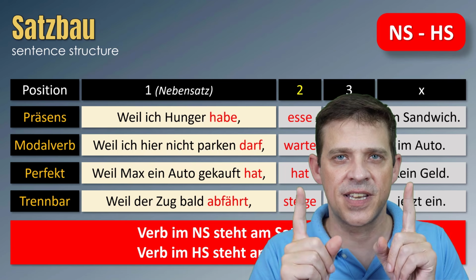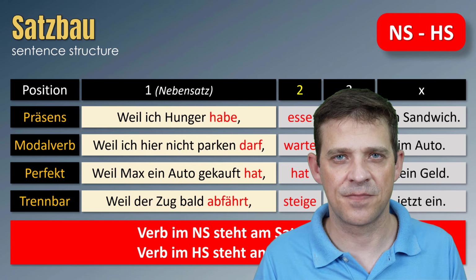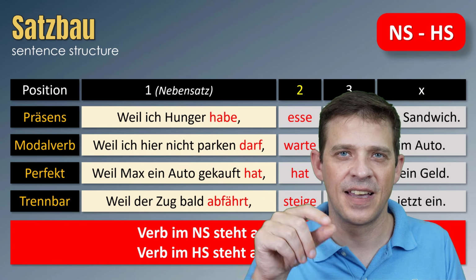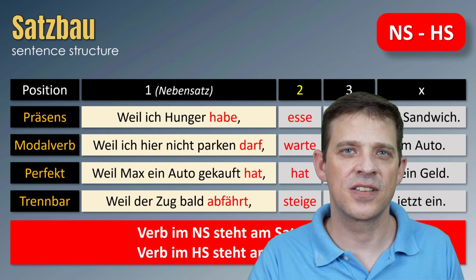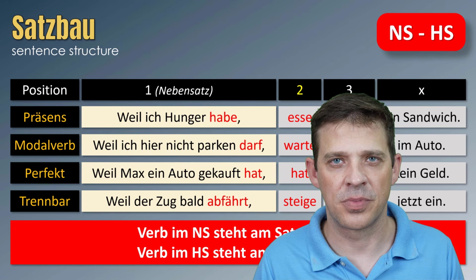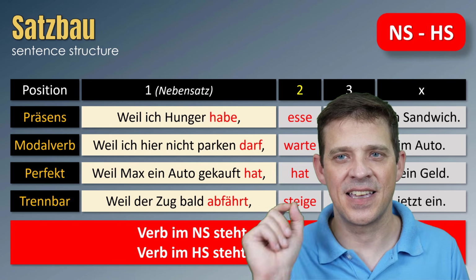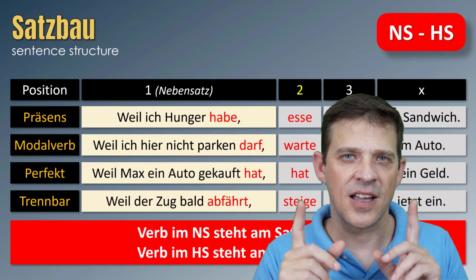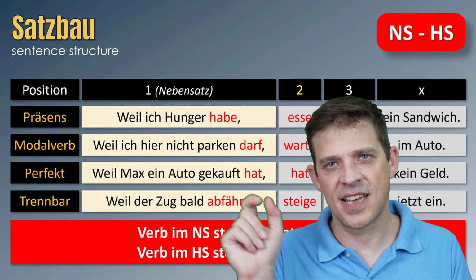If you start your sentence with a Nebensatz, with a subordinate clause, and then you have the comma, after this comma, always start the sentence with the verb. Weil ich Hunger habe, Komma, esse ich ein Sandwich. A common mistake would be the other way around: weil ich Hunger habe, ich esse ein Sandwich.